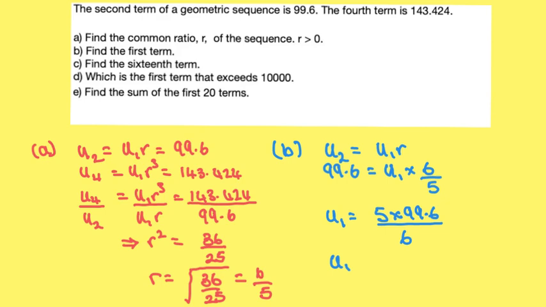So u1 is equal to 83. So we now have a formula for un. So un is equal to u1 r to the n minus 1. So therefore, we've got un is equal to 83 times 6 over 5 to the n minus 1.